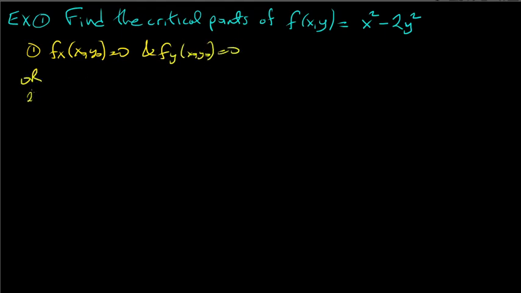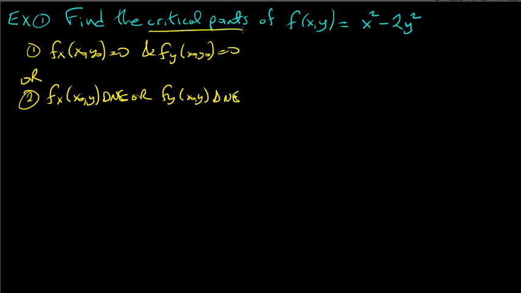The other possibility is that either partial derivative does not exist, so the x partial does not exist, or the y partial does not exist. It could be both. That's the definition of a critical point.